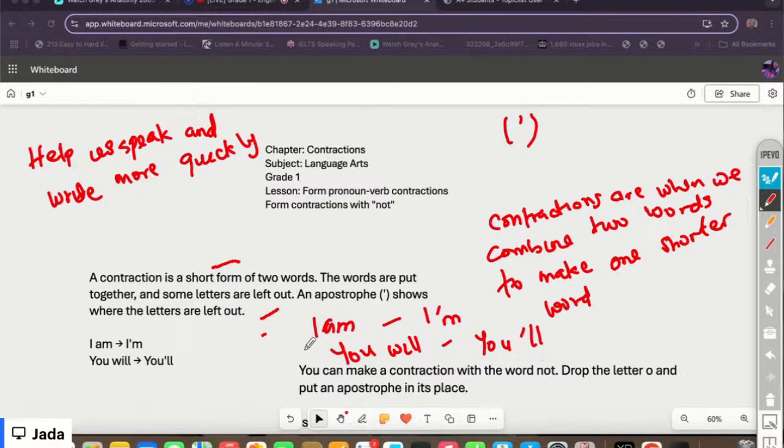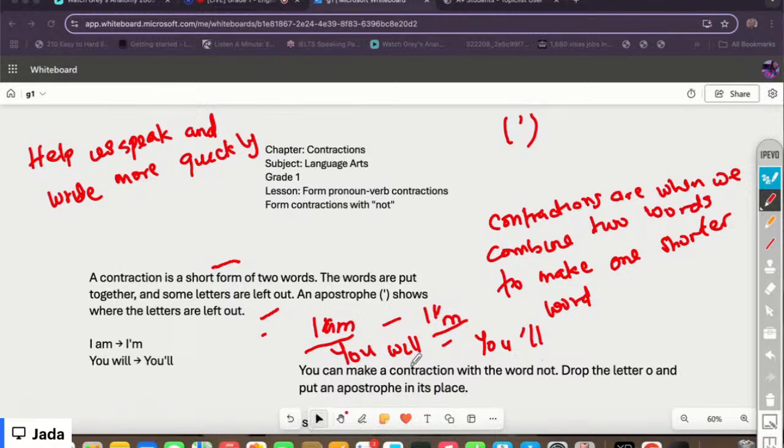Okay, so like you can see, I am is the full version, but then we shorten it to this. When the A is taken out, that's where we have the apostrophe, which is just like the sign of the comma up above. So you can see the apostrophe replaces the A.